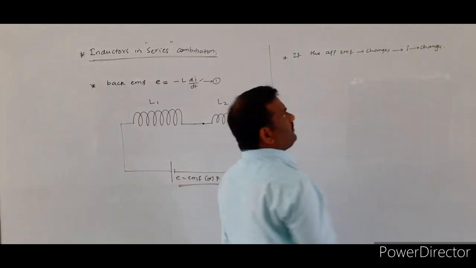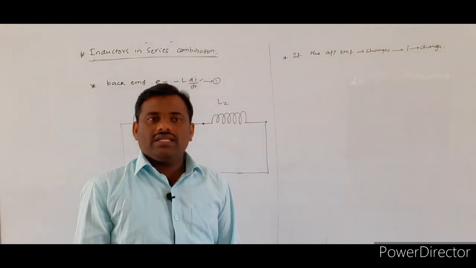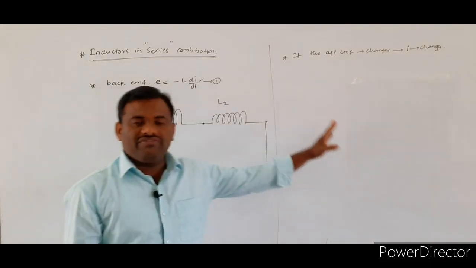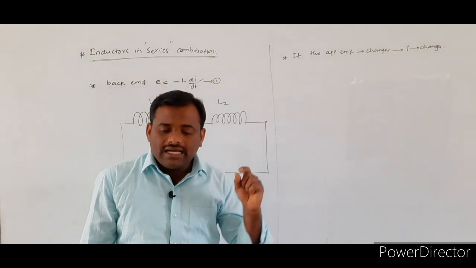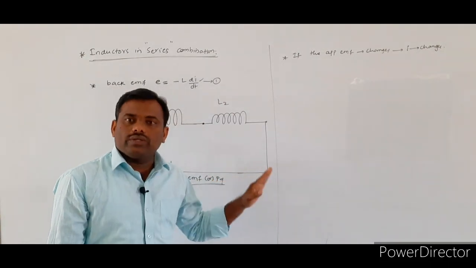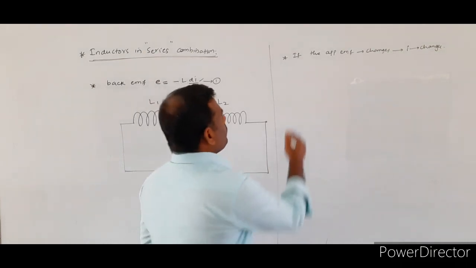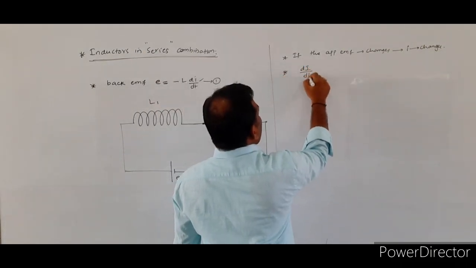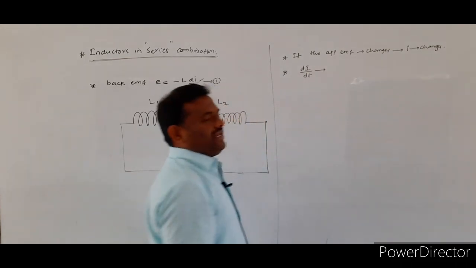So what is the condition we have taken here? Whenever we change the applied EMF value, the amount of electrical current flowing through the circuit also changes. The change in electrical current in the circuit is taken as di by dt.